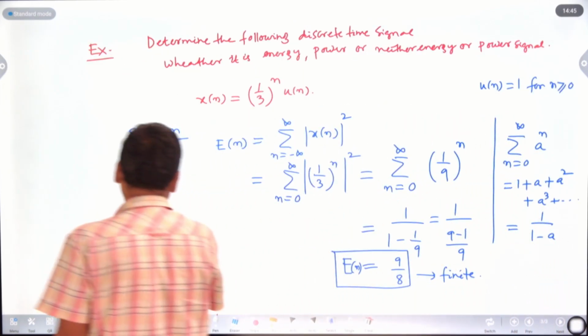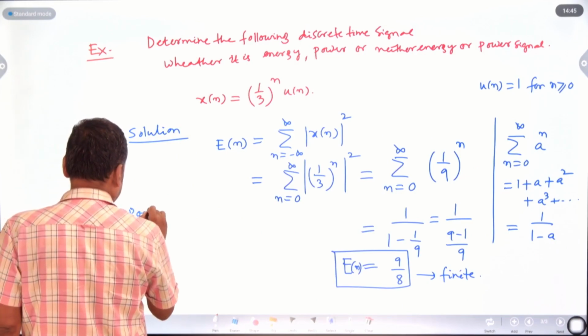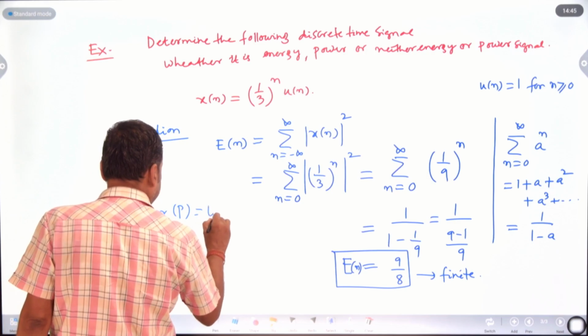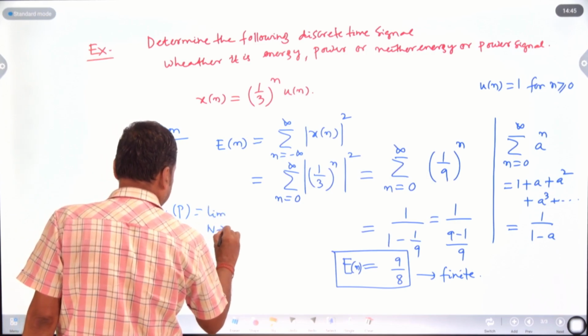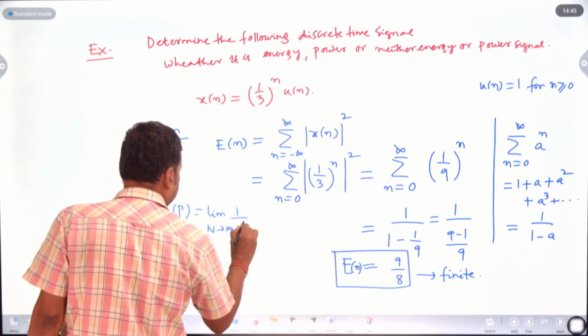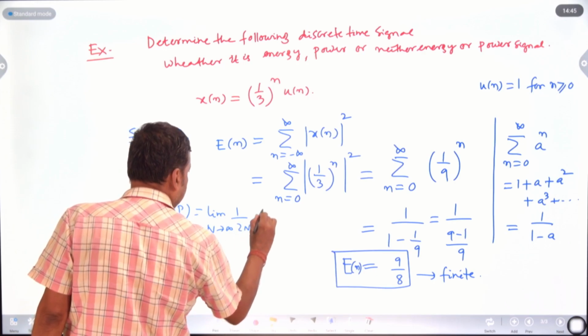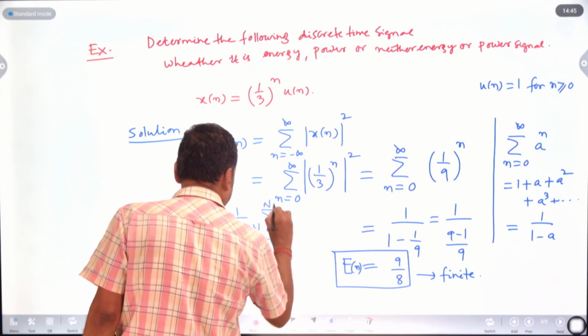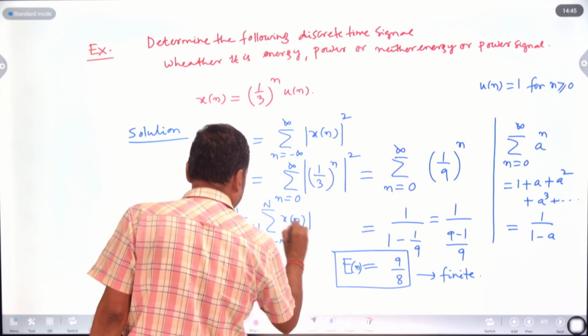Here the power P of the discrete signal x of n can be defined as the limit as n tends to infinity of 1 by (2n plus 1) times the summation from n equal to minus n to n of x of n square.